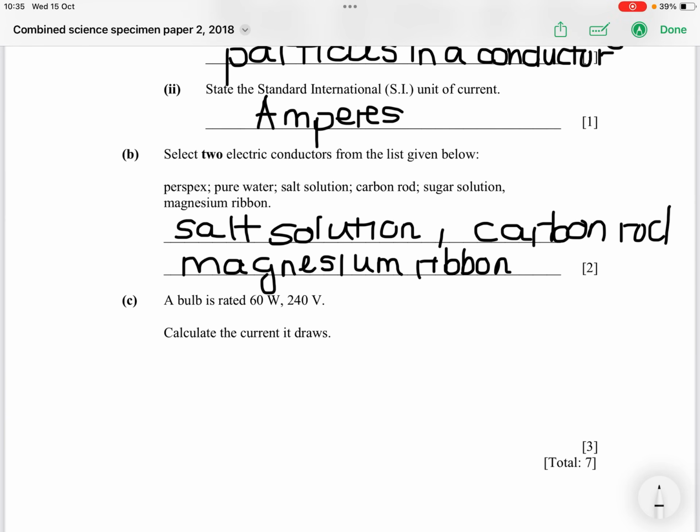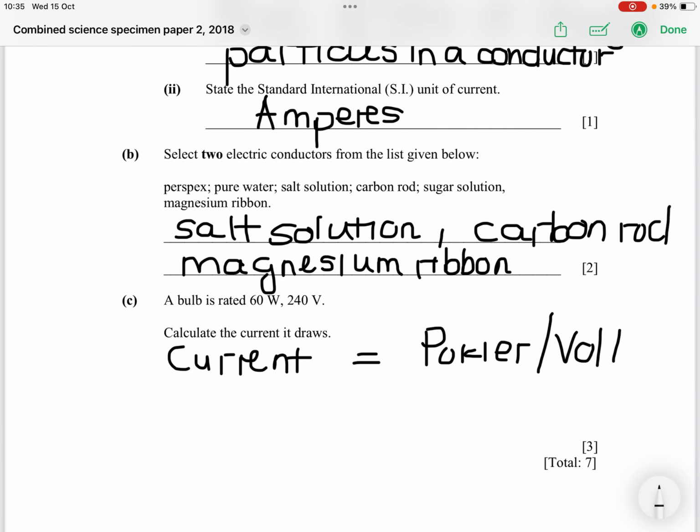And then part C, a bulb is rated 60 watts, 240 volts. Calculate the current it draws. So you need to know that current is equal to power over voltage, right? So if you want to get all the marks, you need to provide the formula. That is the first step. You do the correct working.